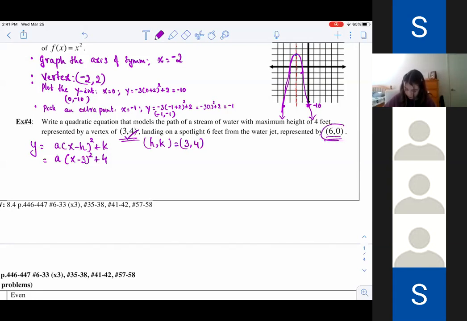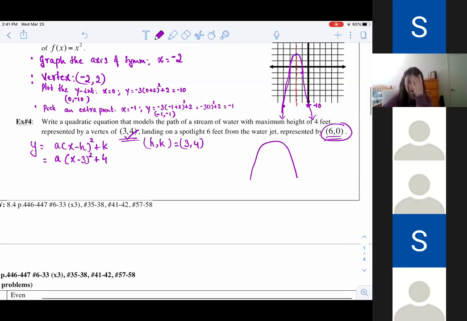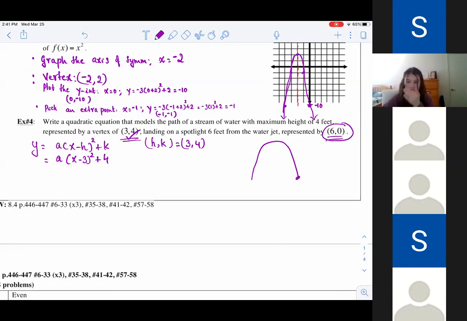How are we going to use the (6, 0) in the problem? Now I want you guys to notice that we're talking about the path of a stream of water from a jet, correct? It says landing on a spotlight 6 feet from the water jet. If this is the water jet and this is 6, then it's going to be (6, 0).